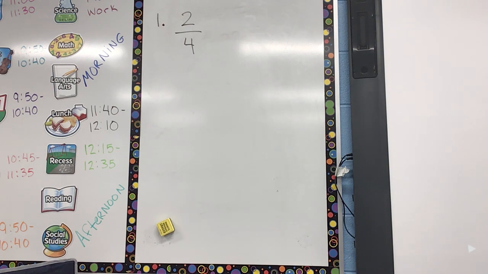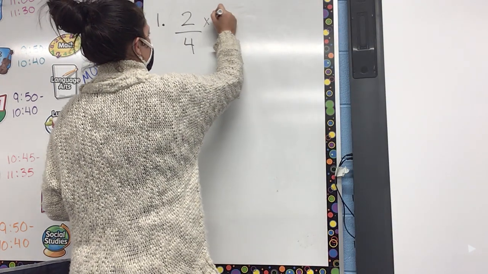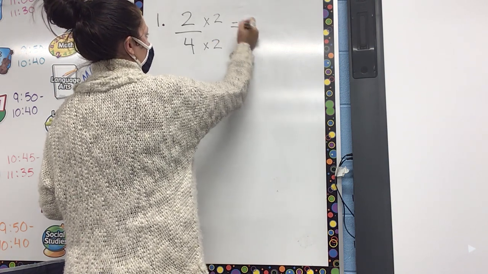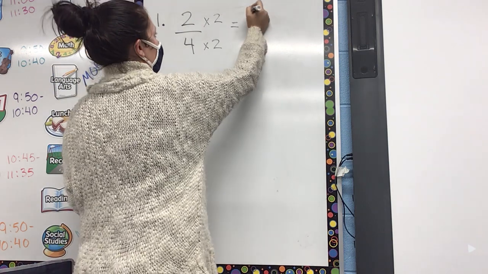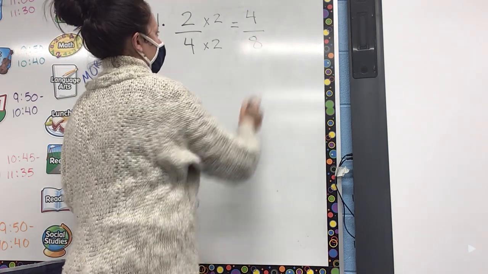The easiest thing, guys, is going to be multiplying by a smaller number. You want to get a bigger number, you're just going to make more work for yourself. So if I multiply my numerator and my denominator, always by the same number, let's multiply by 2. 2 times 2? 4 times 2? 8.